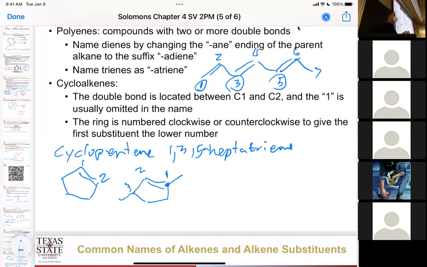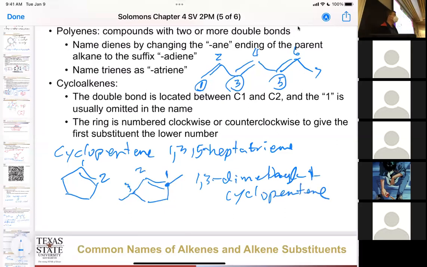So we're going to have 1,3-dimethyl-1-cyclopentene. And of course, the 1 is not required, but it is always good to see. All right.